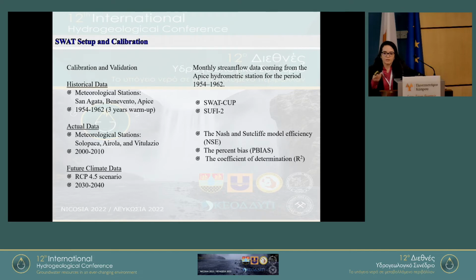Let me elaborate a few minutes on this point. So, for the calibration and validation procedures, monthly stream flow data of 8 years were used. Moreover, the historical data and actual data are from 8 and 10 years respectively. About the future climate data, these were generated using the RCP 4.5 scenario.